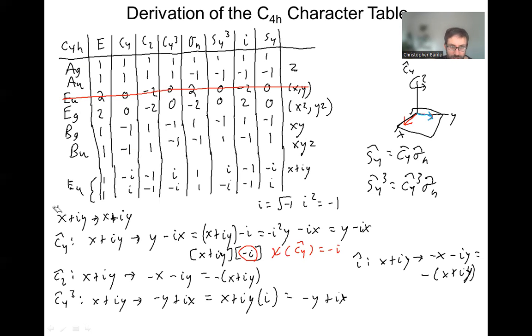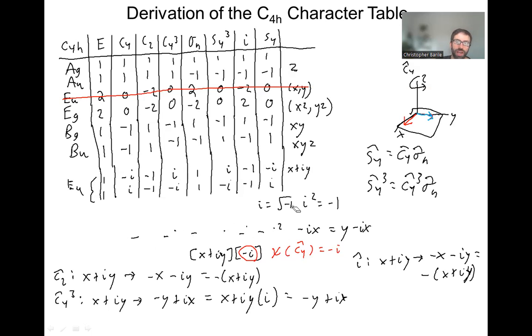And we did that by seeing how this function x plus iy transformed. And why did we choose that x plus iy function? Well, we chose it because we started with the aggregate Eu, and we knew x and y transformed as that.